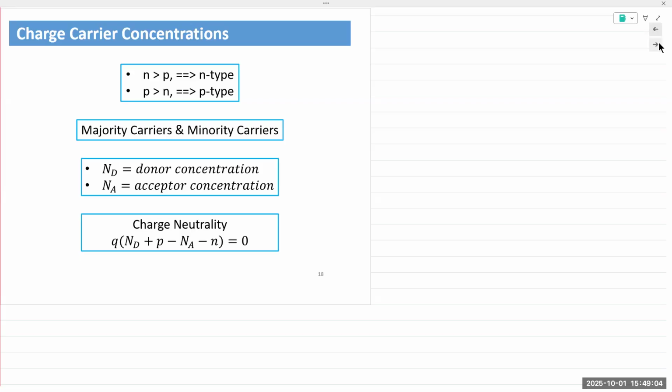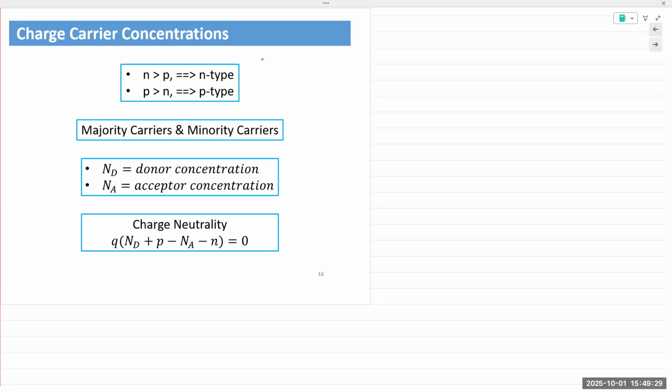So if p is greater than n, then it's a p-type material. All right. So totally taken, the charge is neutral, but the free charge carriers, meaning the number of holes and the number of electrons in each type of semiconductor material, is unequal.